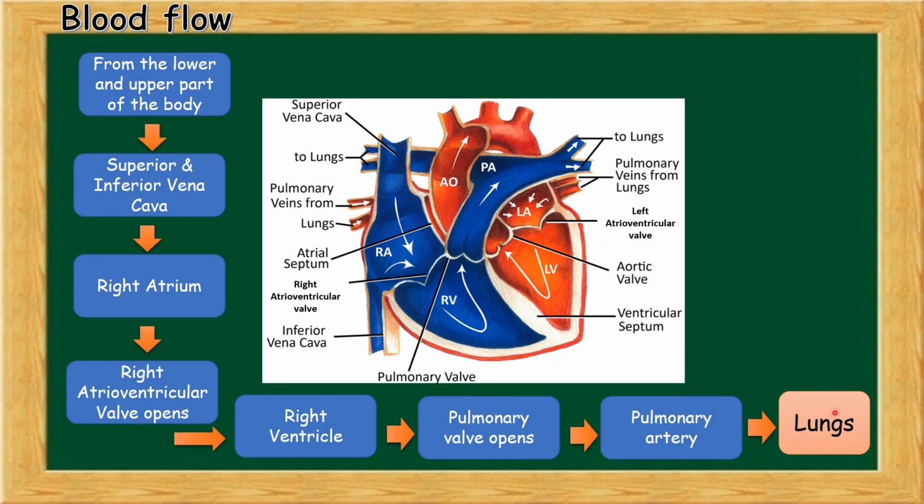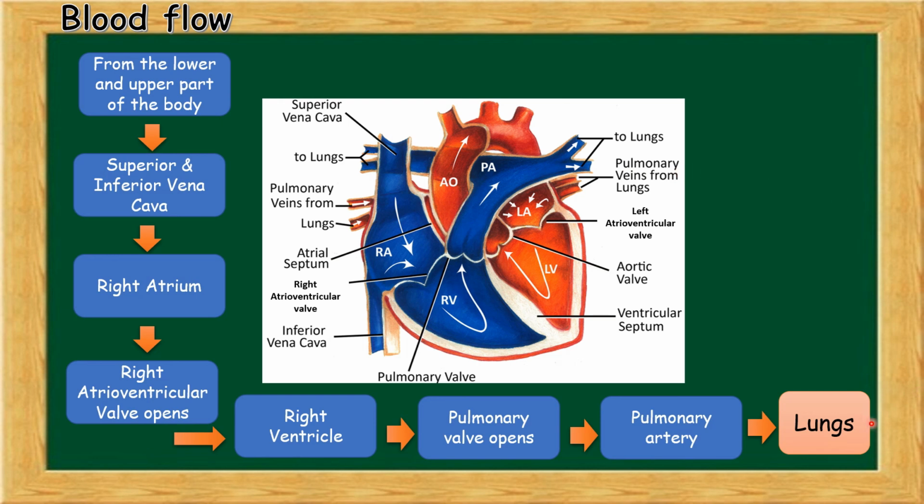From the lungs, the blood becomes oxygenated, but it doesn't mean that the blood will now go to the different parts of the body. The tendency is that the oxygen-rich blood will still go back to our heart for the heart to pump it to the different parts of our body.